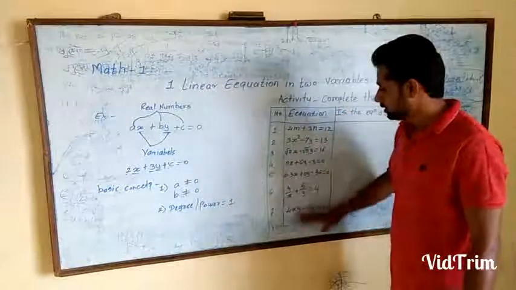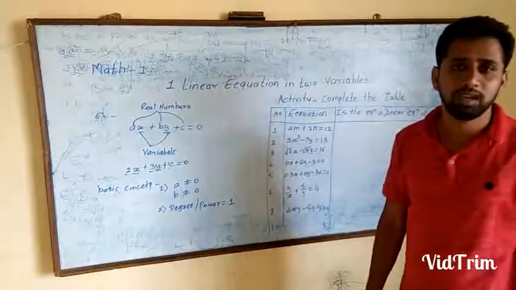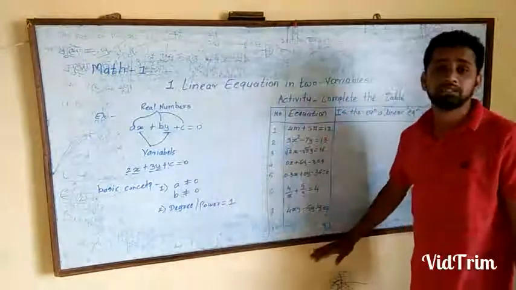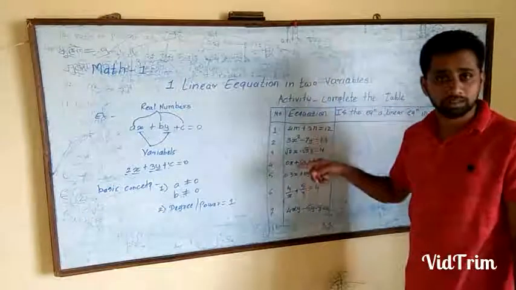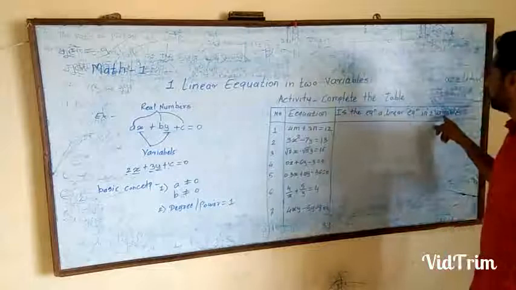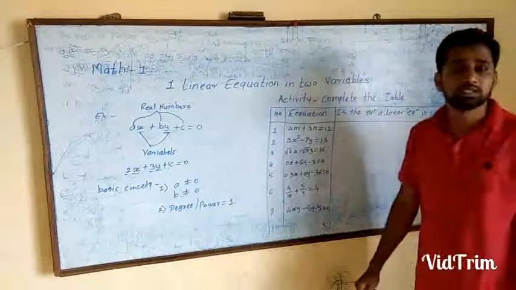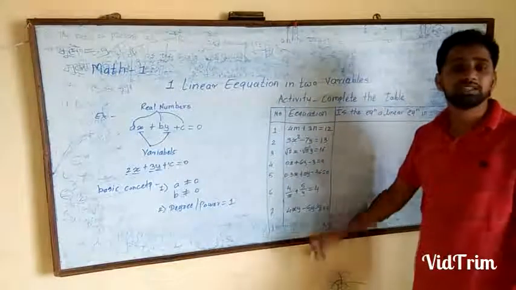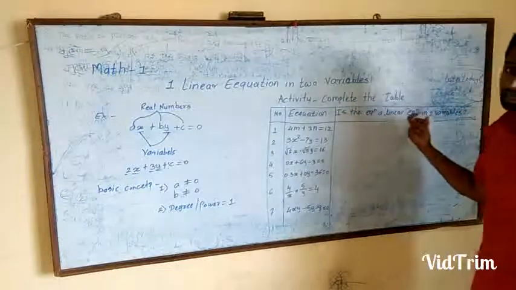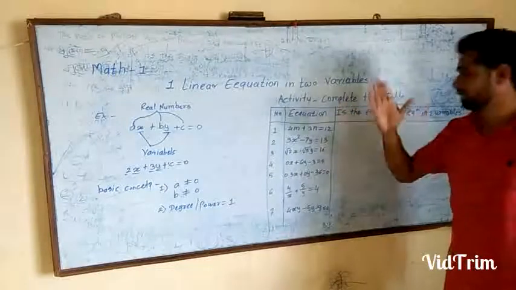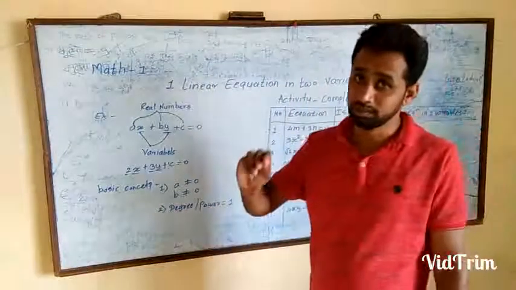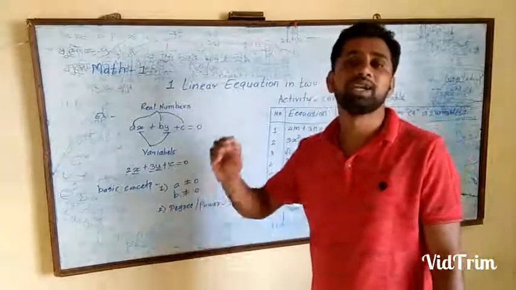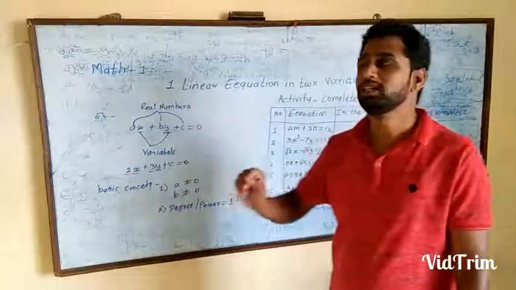There are 7 equations and we can identify if these equations are linear equation in two variables. दिलेले इक्वेशन हे लिनियर इक्वेशन आहे का. सो वी राइट yes or no. If this equation is linear equation in two variables, we write yes, and if not, we write no.